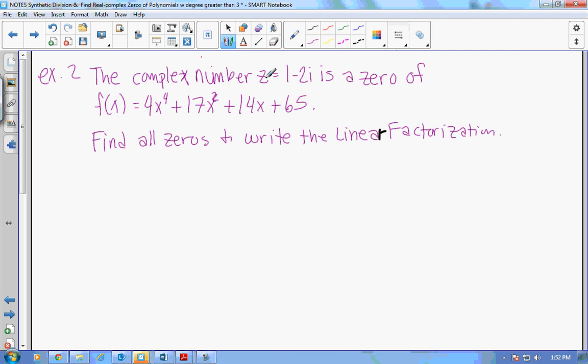So if z is this one, z bar, there's another one that we should already know about. If one is 1 minus 2i, what's its conjugate? 1 plus 2i. So now we know 2 of the 4, because we understand conjugates, and that each complex 0 will have a conjugate 0.